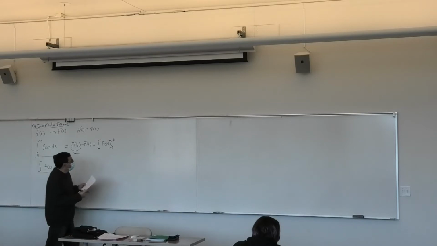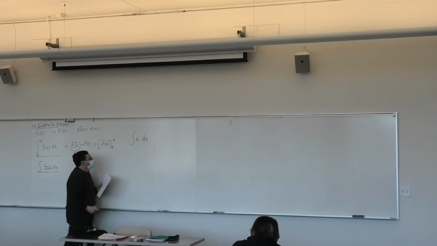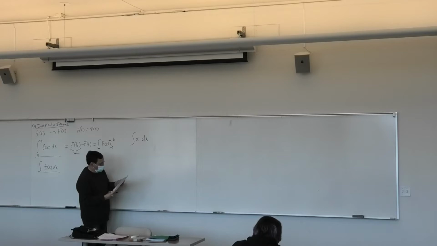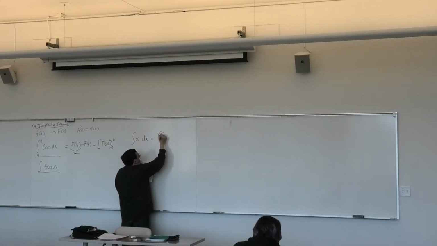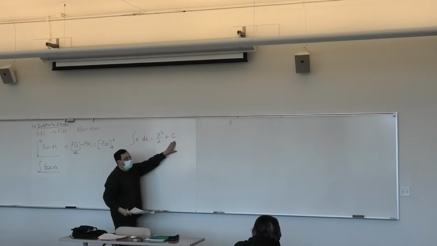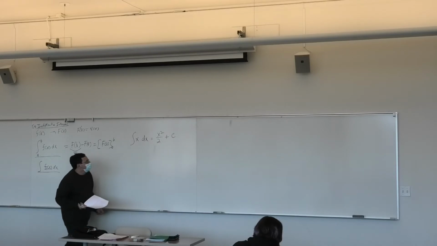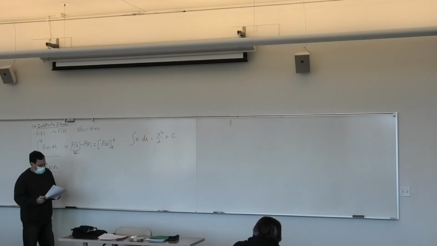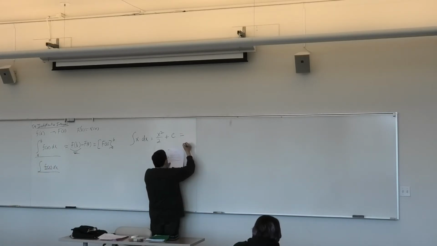So, for example, if we want to find the indefinite integral of the function x, we have a formula. We know this is x squared divided by 2 plus a constant. We always add a constant because if you find the derivative here, that constant goes away.